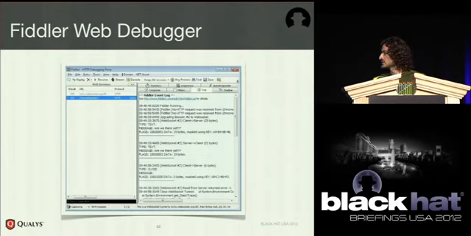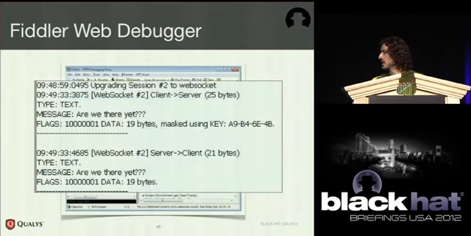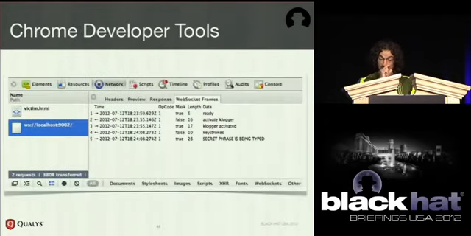Fiddler has similar capability, can extract WebSocket traffic, unmask, and show the conversation. And as Sergey mentioned, the latest Chrome developer tools have support for WebSockets, and it's, of course, read-only. It won't help much if you're trying to fuzz anything.